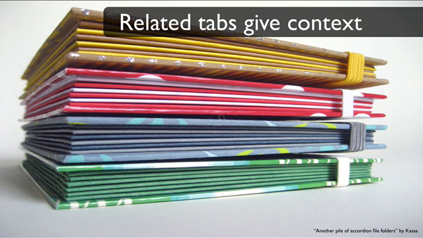If we do the same thing with related tabs and group them, it gives more context to the tabs inside that container. For example, you might have social networking websites grouped together, and news websites grouped together as well, and that makes a task-oriented workflow more apparent for users, and this is good.